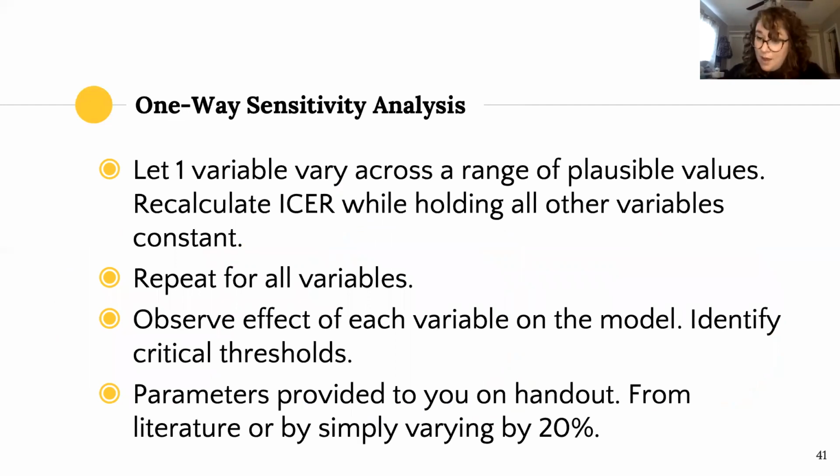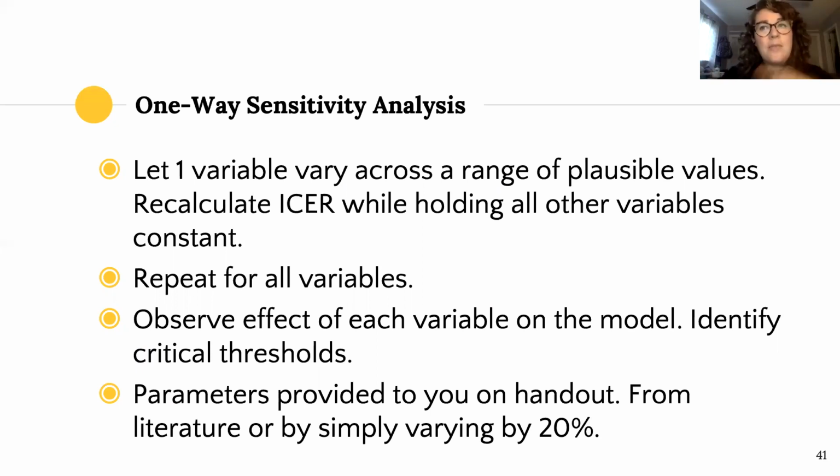What we're doing with that is observing the effect that each variable has on the model. For some variables, it may disproportionately impact our end result, while others actually have a little bit less weight. So we have more wiggle room there, essentially.